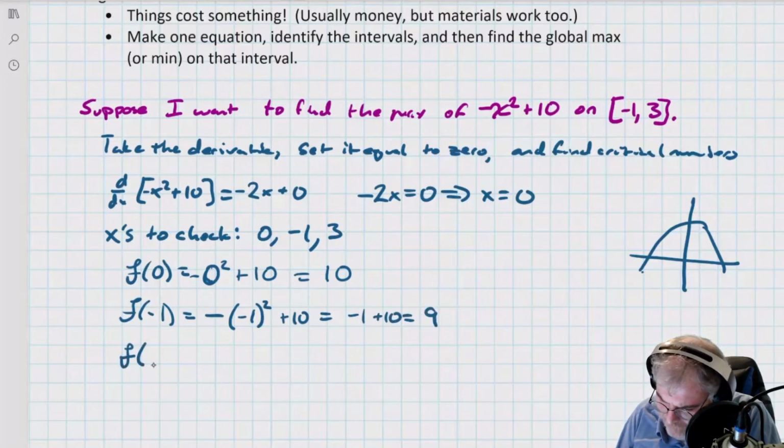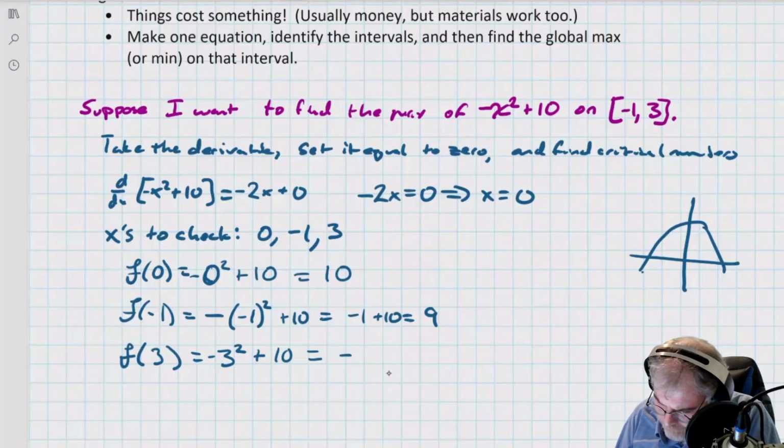And f of 3 equals negative 3 squared plus 10, which equals negative 9 plus 10, which equals 1. So the max is y equals 10 at x equals 0.